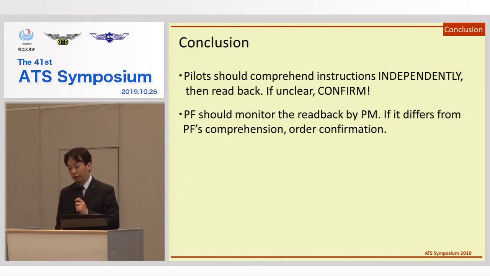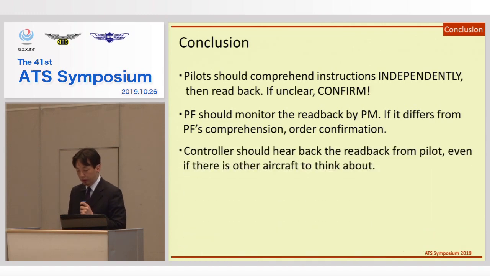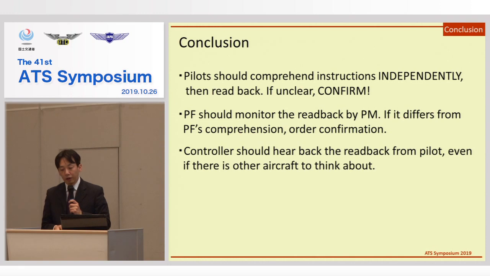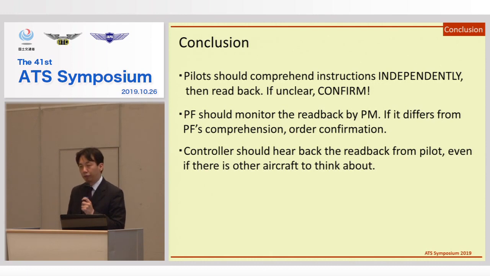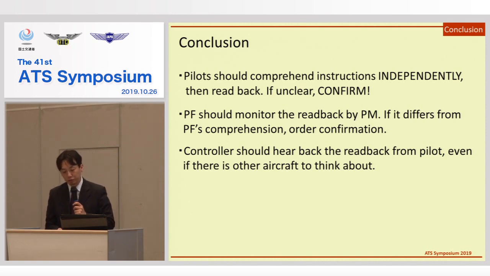If the readback differs from what the pilot flying thought, order the pilot monitoring to confirm it with the controller. And the controller should hear back the readback from the pilot, even if he or she is busy thinking about what to say next to the other aircraft. If the readback is unclear, request the readback again, or just retransmit the instruction.